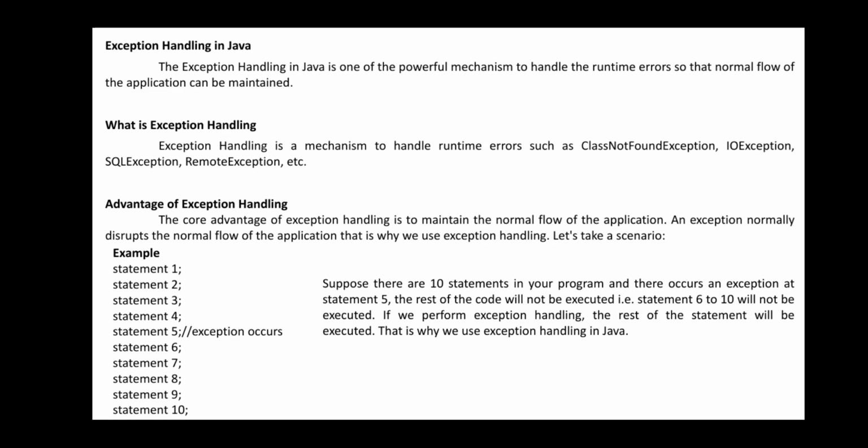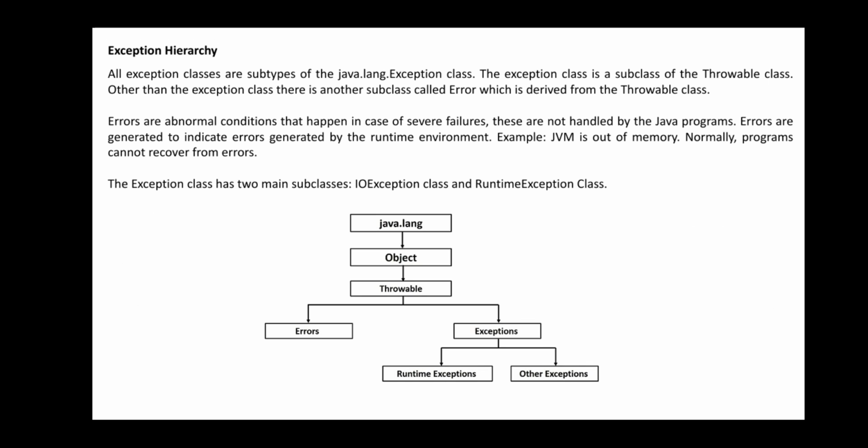If they are not executed, it means you have entered into exceptions. For that purpose we handle this situation by defining exception handling. We shall see the hierarchy of the different types of exceptions found within the java.lang exception class. All exception classes are subtypes of the already present exception class.